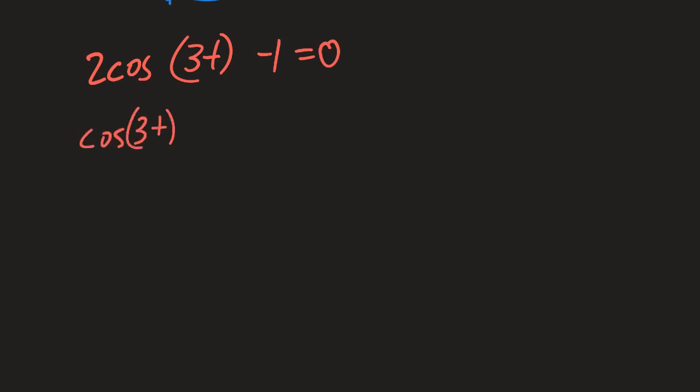We were at the point where we solved 2 cosine 3t minus 1 equals 0. And when we solved this, we got cosine 3t equals 1/2. And the first 2 solutions that I knew were pi over 3 and 5 pi over 3.